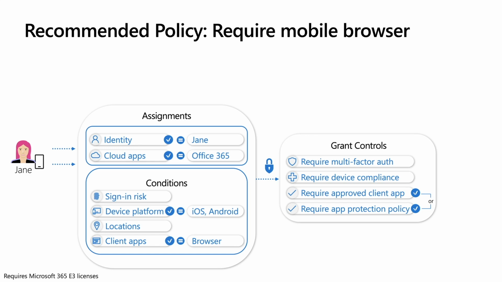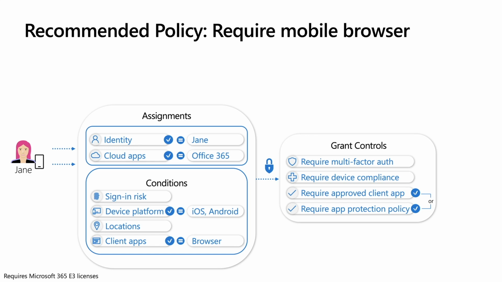Now, ideally, while I'm calling this out as a separate policy, this could be collapsed into the prior policy as a single policy. But for the purpose of the discussion, I thought it would be good to highlight it as a separate example. So with this policy, there's only a single difference compared to the prior policy, and that is the client app is set to a browser.